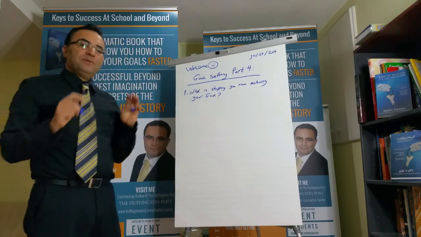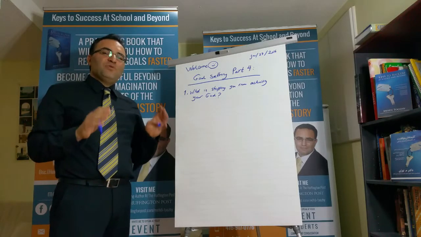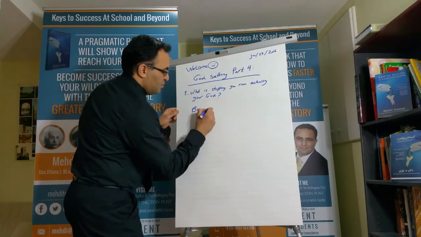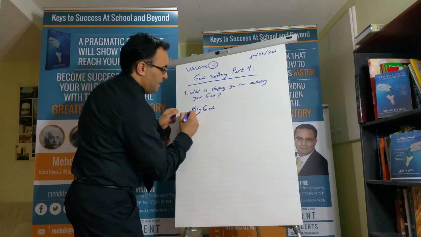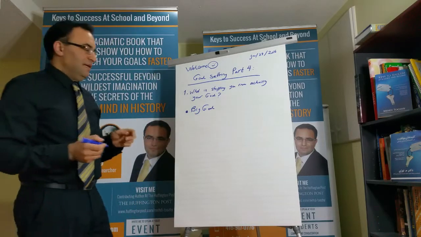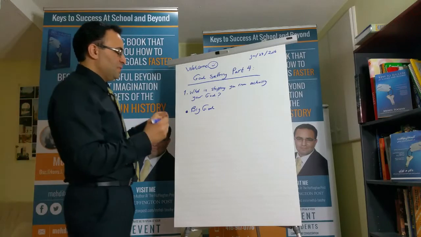So what's stopping you from achieving your goal? Mostly because the goal is too big. And it's overwhelming. And it pushes people away and discourages people from getting to their goal.